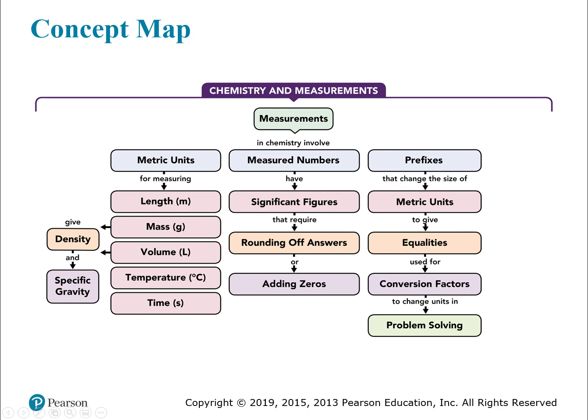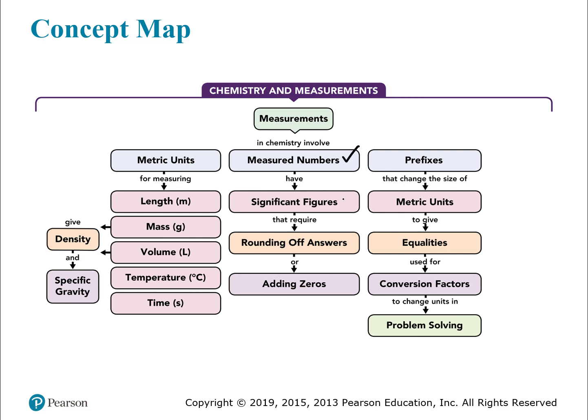The last slide in all of these chapters is going to be a concept map, and that's a visual representation of the different concepts that we talked about throughout the chapter and how they're related. So overall, we talked about chemistry and measurements. We started by talking about measured numbers.